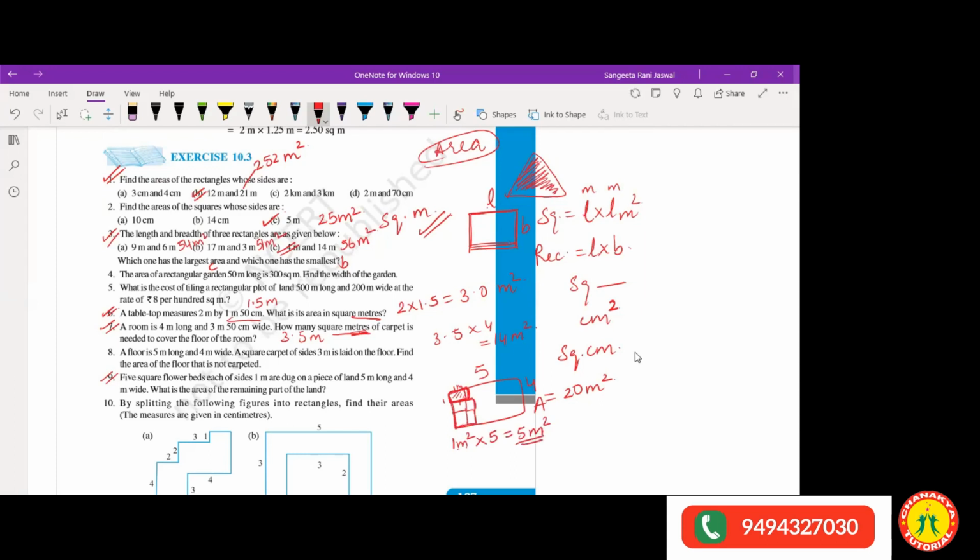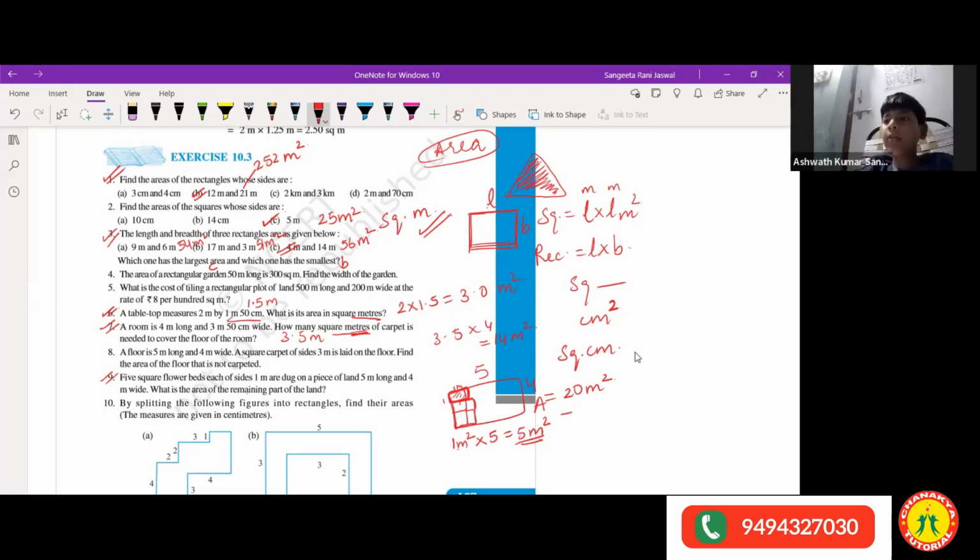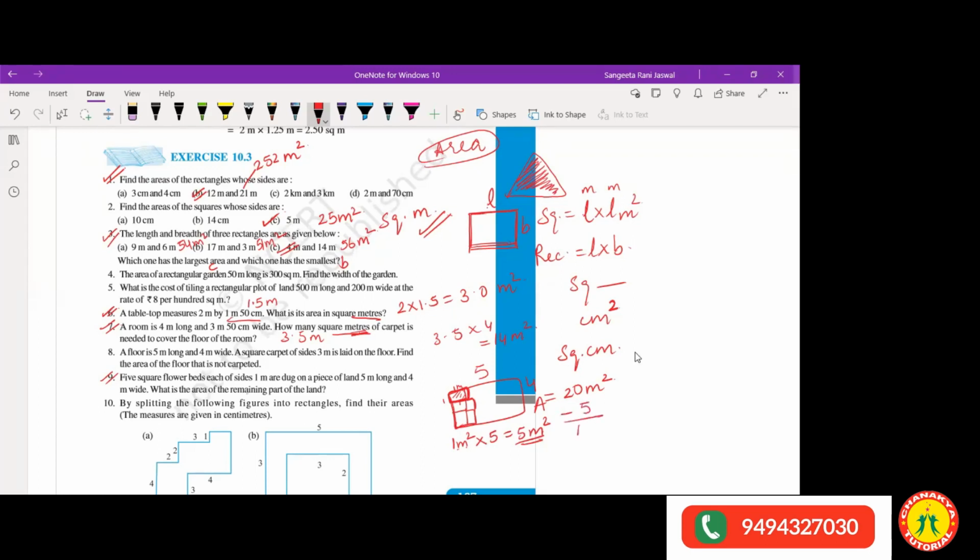Okay. Then what is asked? What is the area of the remaining part of the land? So if you subtract 5 from 20, it is 15 meters square. This much area is left. Right? This is the area of the remaining part, 15 meters square. Did you understand?